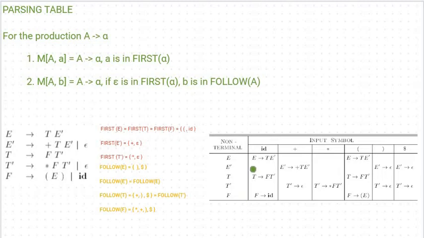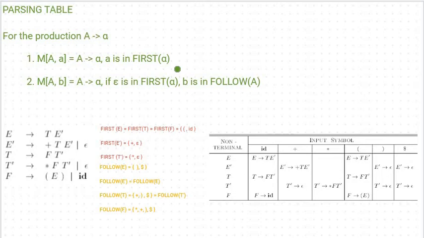Now let us see how the predictive parser validates the given input string. At the beginning itself, we discussed that the predictive parser is a type of top-down parsing, so we will be starting from the starting non-terminal symbol and we'll be ending up with the terminals.